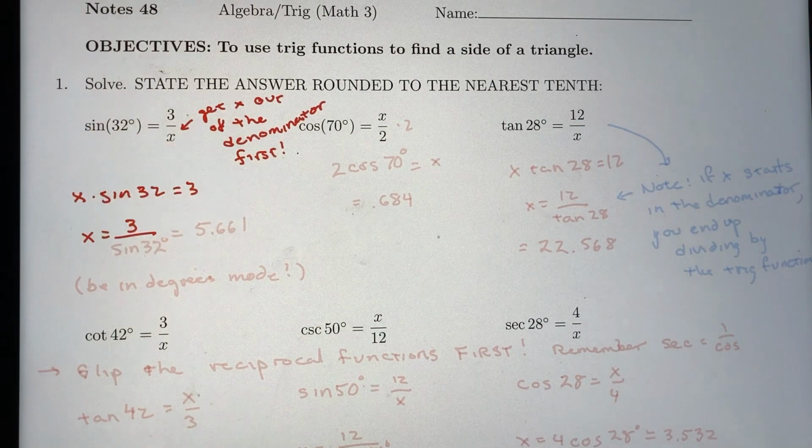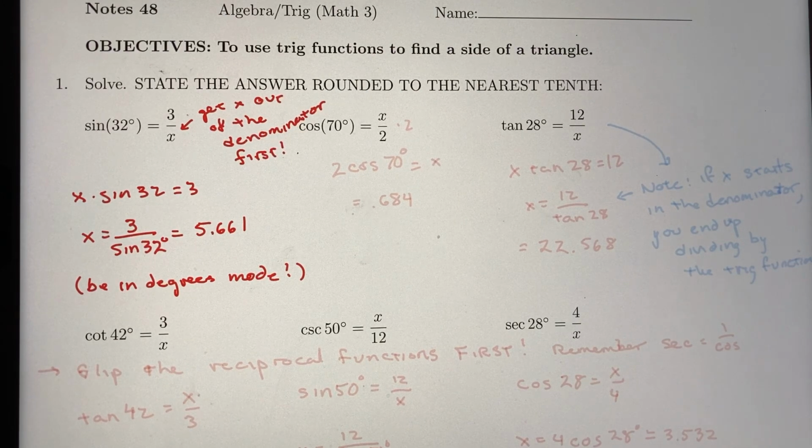Divide by what's stuck to this x. Now that x is in the numerator, we can stuff it into a calculator. Make sure you're in degrees mode. Remember, mode is next to second on the calculator, up on the top there.